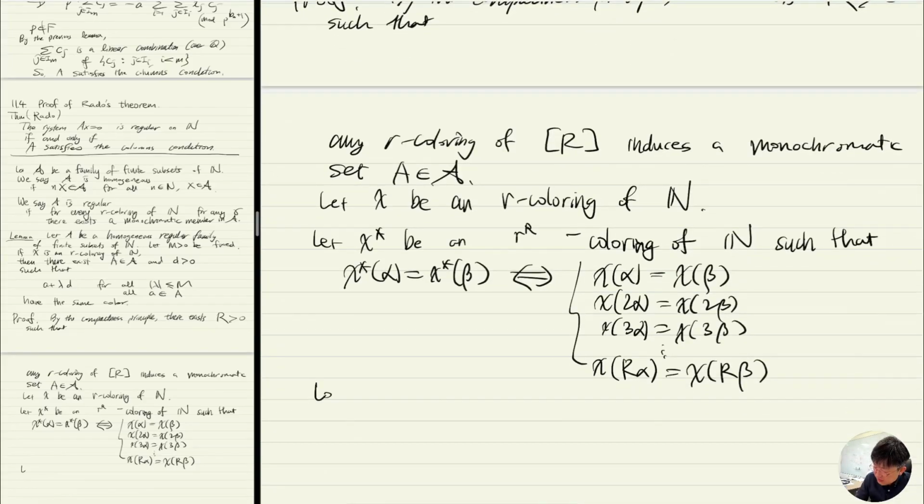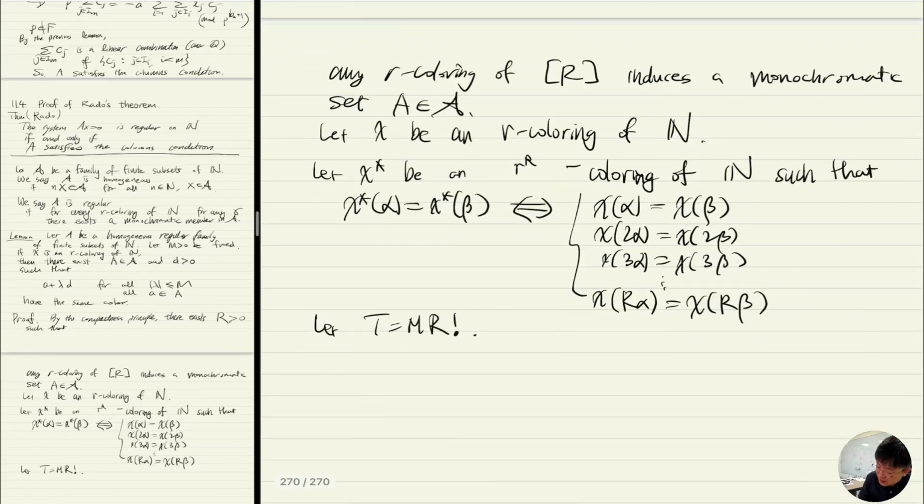Now let's define t to be m times r factorial. You will see why I chose this number. I mean, there are other choices.